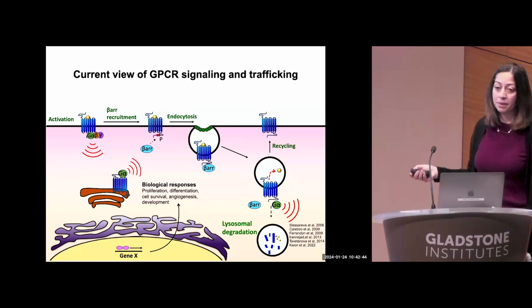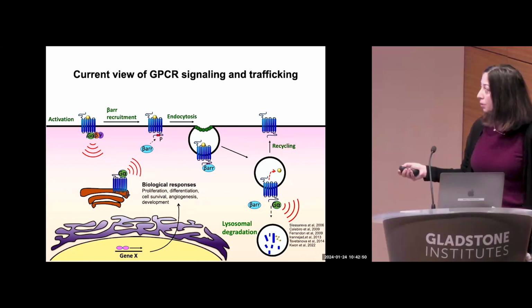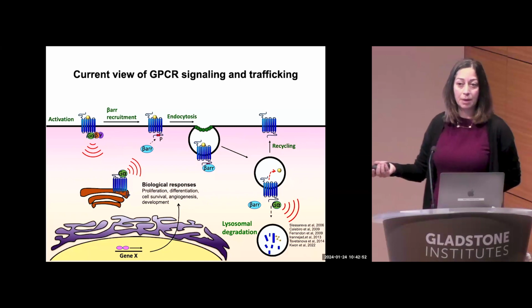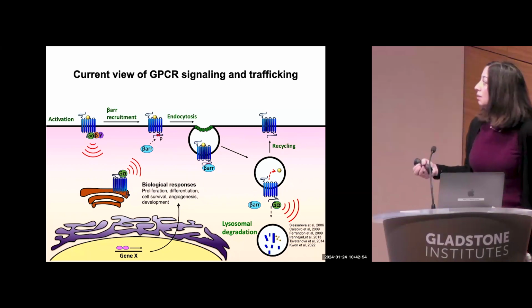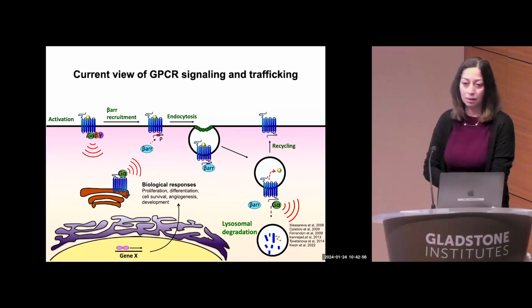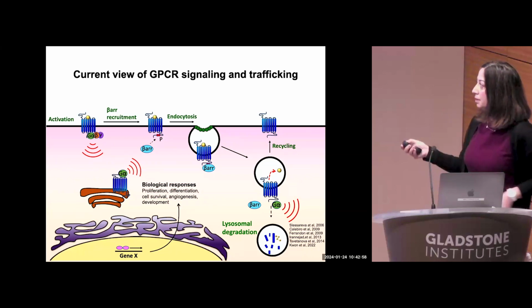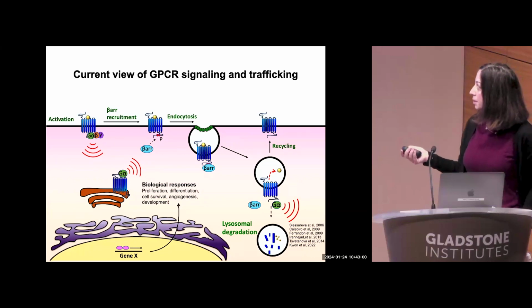But for the purpose of the talk today, I will be focusing on this biosynthetic pool of the receptor that exists in the Golgi membrane, that is also able to respond to the extracellular environment and the ligand and has a very distinct function from the plasma membrane receptor.